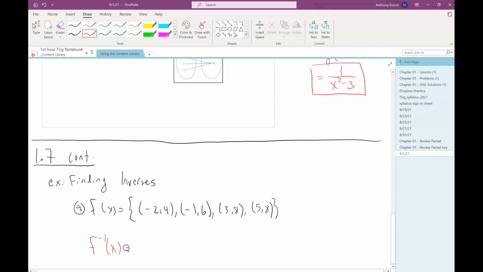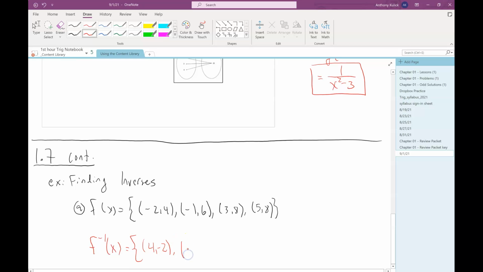If I want the inverse, we had talked last time about the inverse is basically just undoing whatever the function did. So our function sends -2 to 4. So our inverse needs to send 4 back to -2.